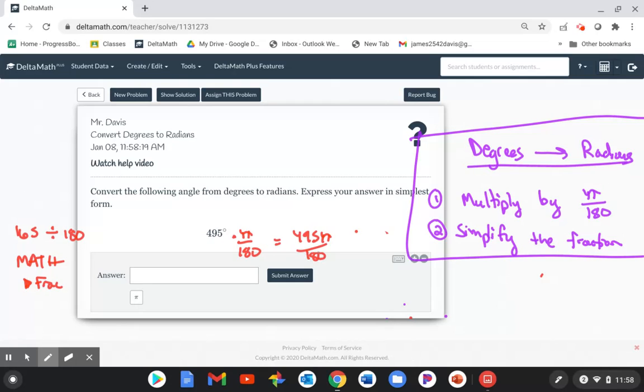If you want to do it by hand, you probably want to divide each of these by 5 and reduce it from there. Or if you're going to use a calculator, just do 495 divided by 180, and then math and to frac. It will give you 11 over 4, so this is 11 pi over 4.